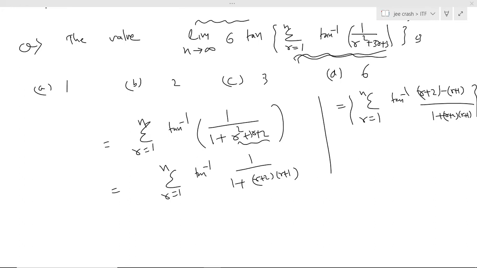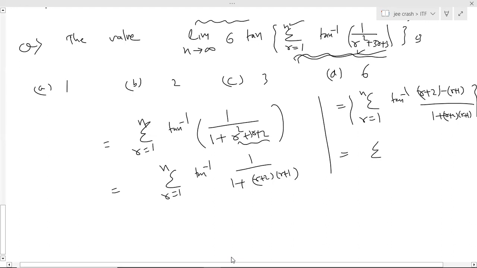All right, Adriel. Where did you put the limits? Oh, you removed the tan. You cannot remove the tan like that, right? You have to put the value of r till n. Let's see.